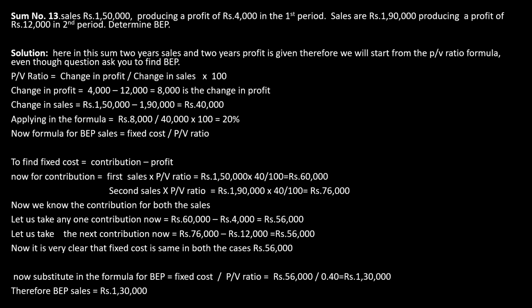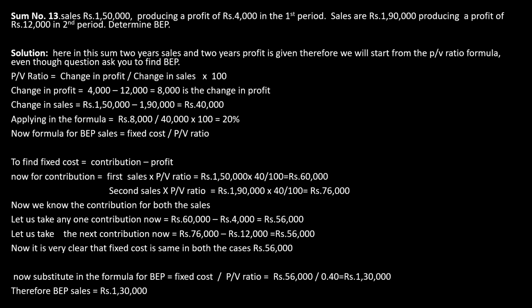Now contribution will be sales into PV ratio. I can take any sale for that matter. Either I can use the first sale or the second sale. Here I am going to explain with both the sales separately so that you will get the understanding clearly. First sale is 1,50,000 into my PV ratio, which will give me 60,000 rupees as my contribution when I am using the first sale of 1,50,000.